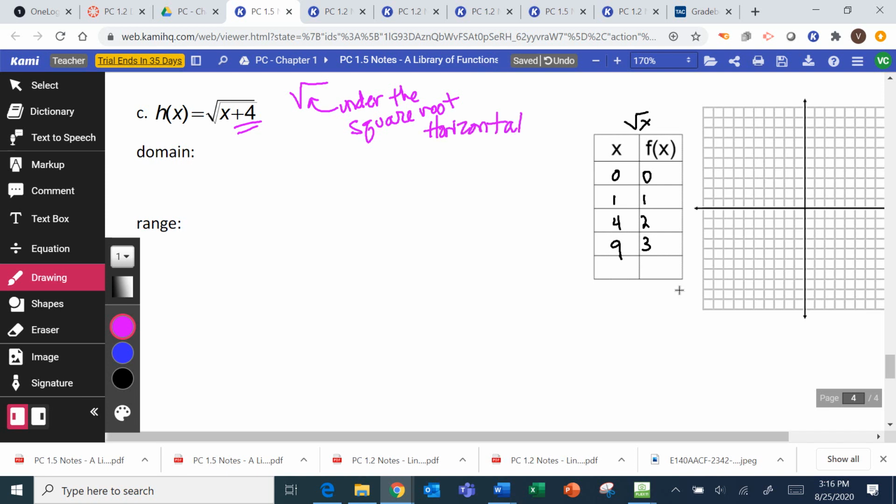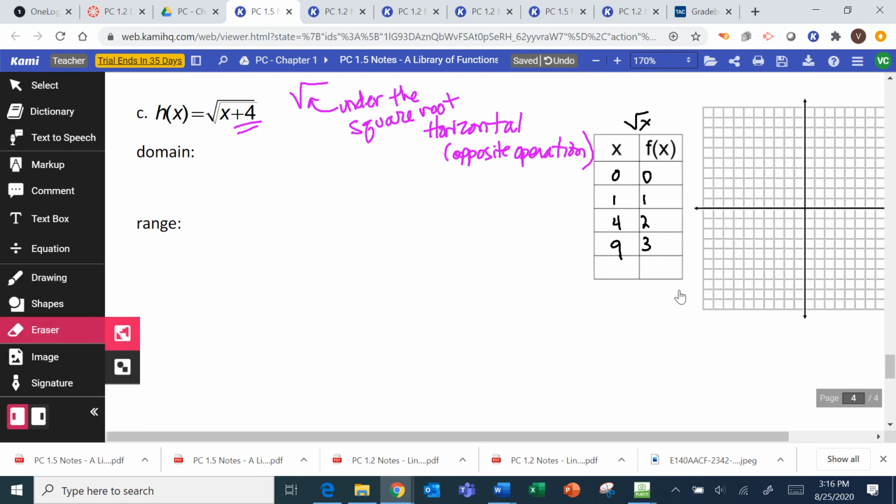And for a horizontal change, we always use the opposite operation. So for this one, because there's a plus 4 in my table, and I didn't put the words opposite operation in a very good place, let me move that really fast.